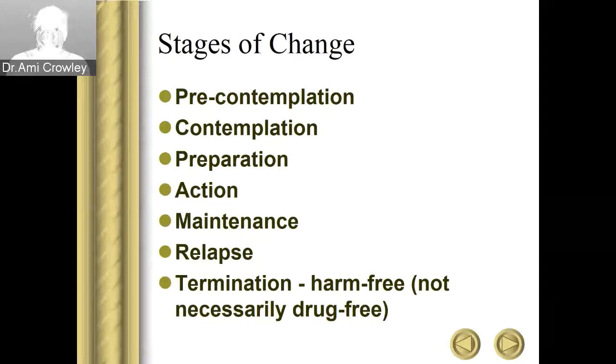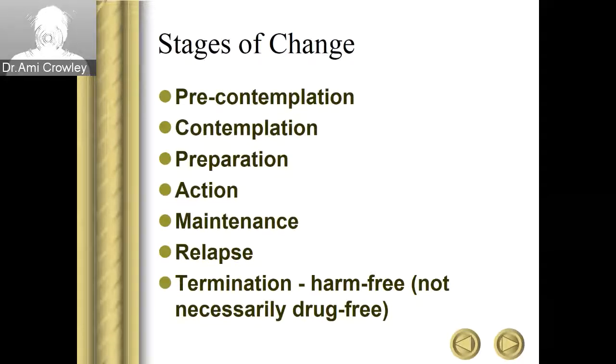The next is relapse. And one of the big differences in harm reduction versus abstinence-based treatment is that we understand that relapse will occur, but it doesn't equate failure. In an abstinence-based program, if somebody relapses and participates in their addictive behavior again, it's considered a failure of their recovery. That can be very difficult for clients, feeling like they're failing, especially if they're a chronic relapser and they feel like they're failing over and over again.